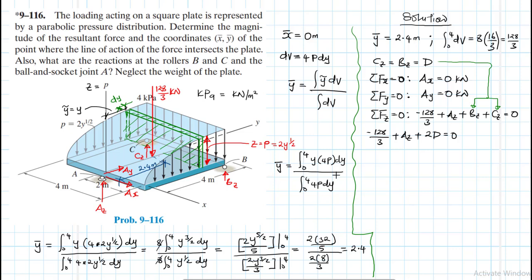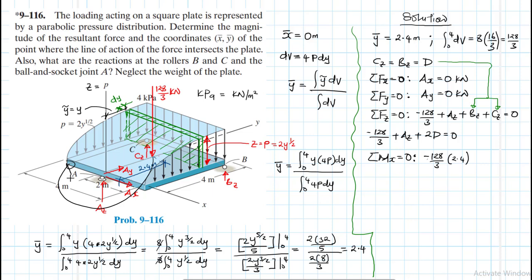Okay, great. So let's take moments about the x-axis. We say summation of moments about the x-axis equal to 0. And using the right thumb rule, since we are dealing with 3D, we are going to have a negative moment due to the equivalent force. So we'll have 128 divided by 3 times the lever arm, which is 2.4. See, this will tend to cause this to rotate like that.